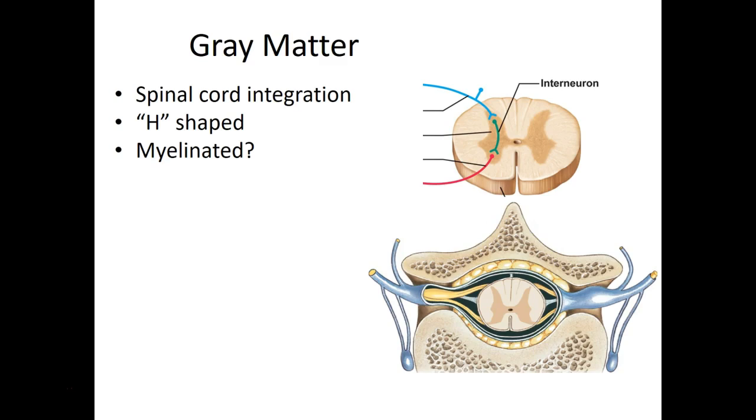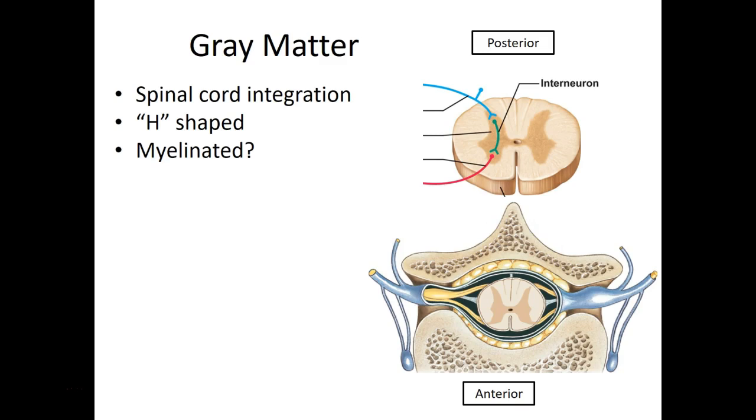Okay, so a little bit more orientation here. So this is posterior, and this is anterior. And you notice that here we have neurons that are sending information in, taking information from the peripheral nervous system into the central nervous system, in this case the spinal cord.